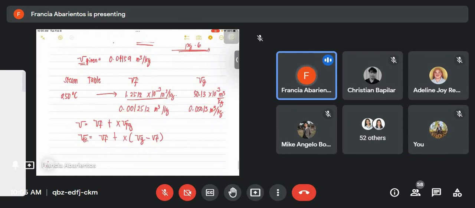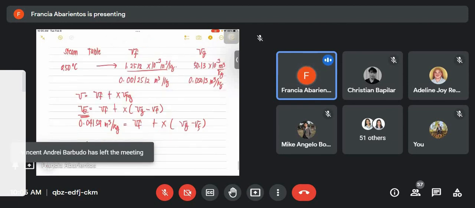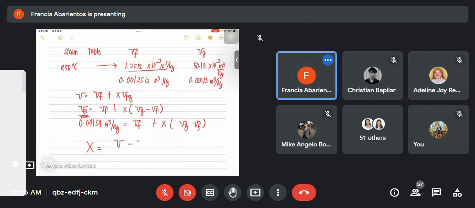The given specific volume is 0.04159 cubic meter per kilogram. So x equals v minus vf over vg minus vf. Finding the quality.